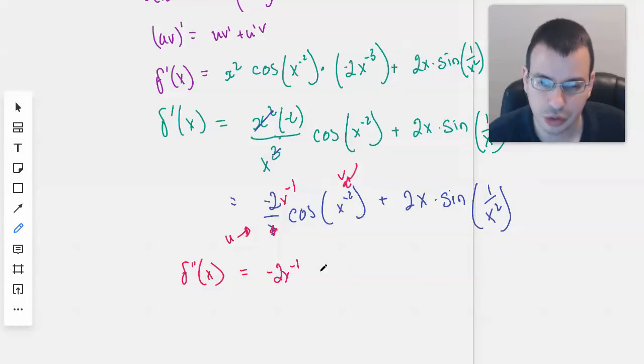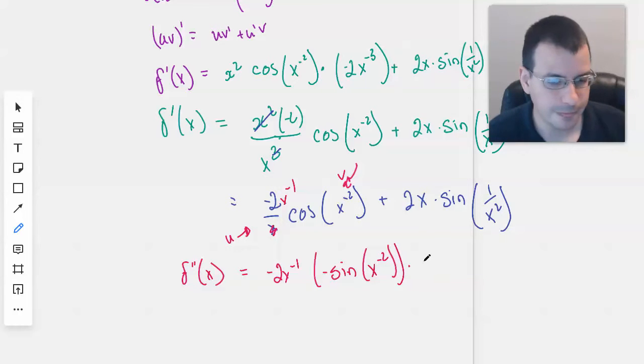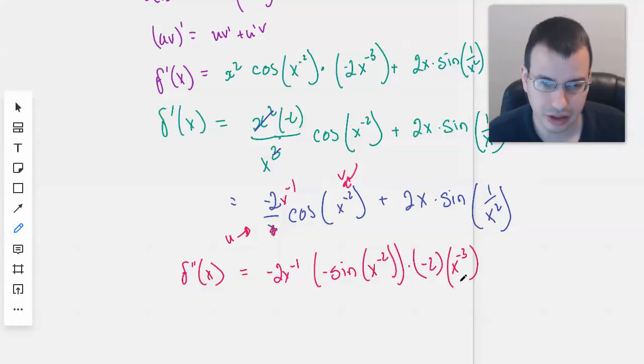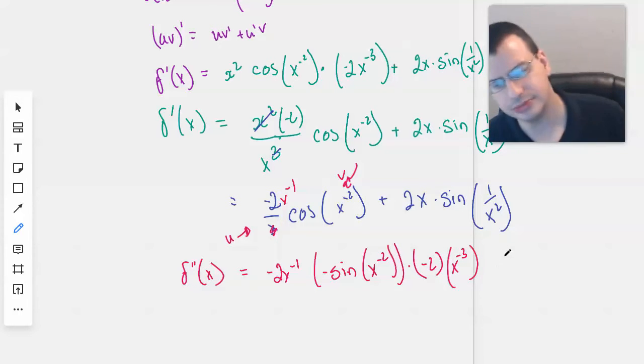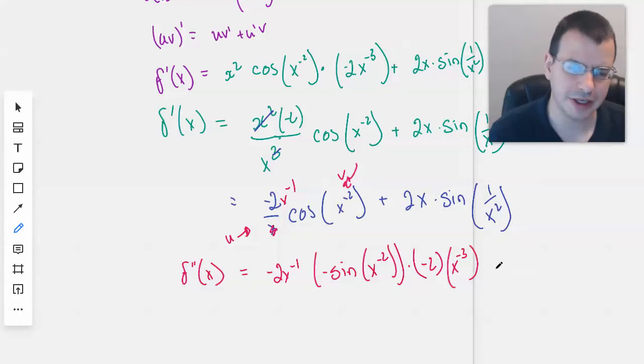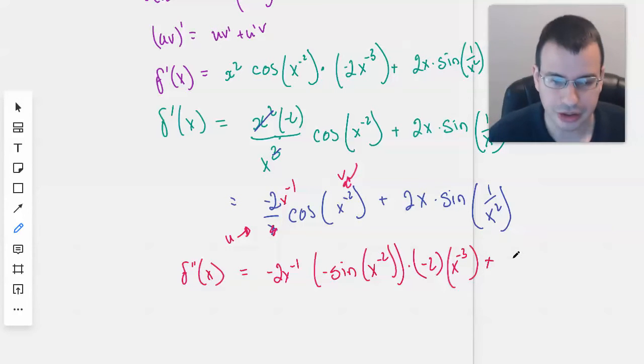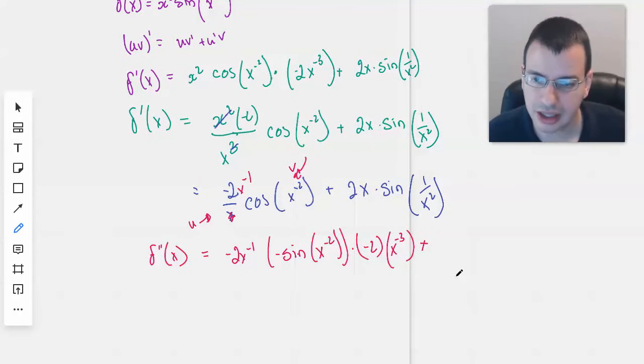And then we'll have negative sine of x to the negative second times negative 2 x to the negative 3. Is that true? Maybe true. I think that's true. Plus, wow, this is going to get long and difficult.